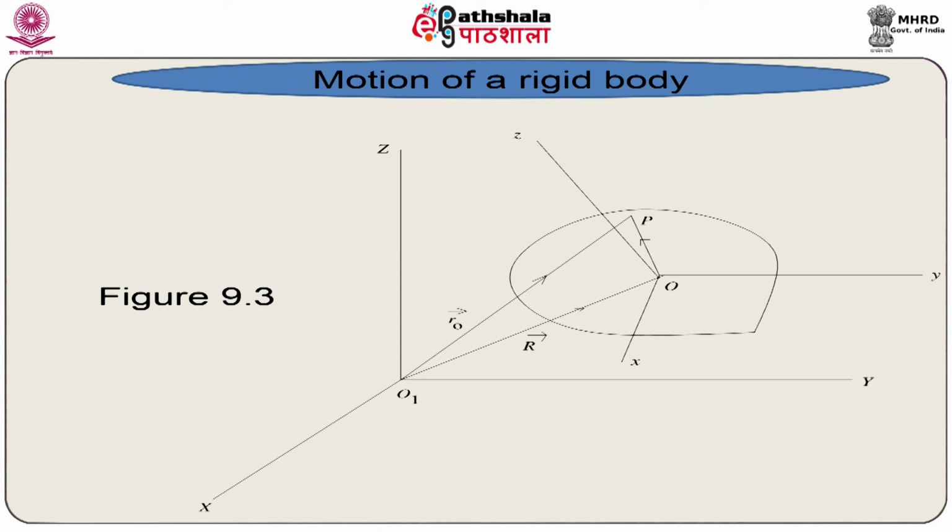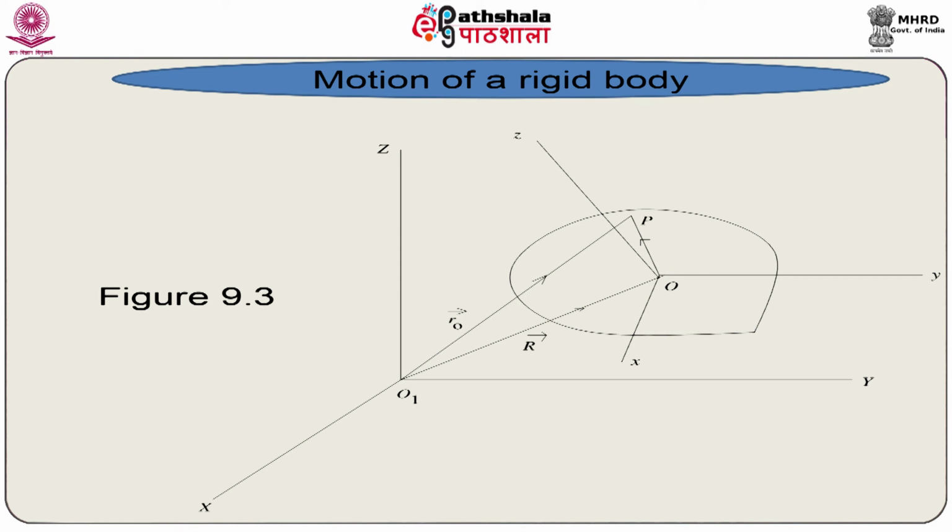The position of the rigid body at time t will be determined if the 3 components of capital R vector and the 3 Euler angles theta, phi, psi are known. Thus, a rigid body is a mechanical system with 6 degrees of freedom.